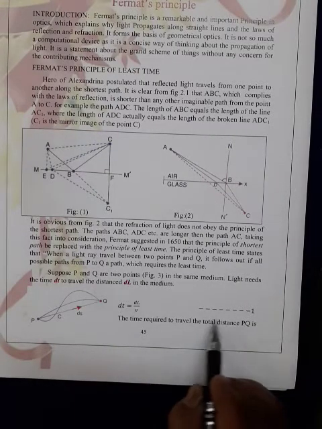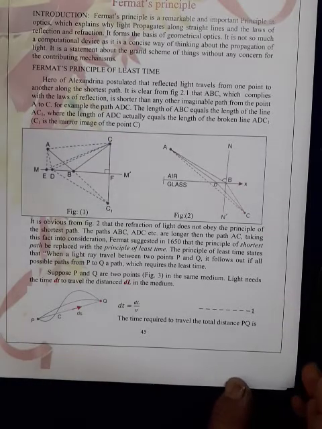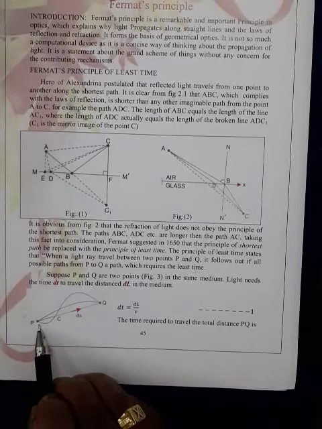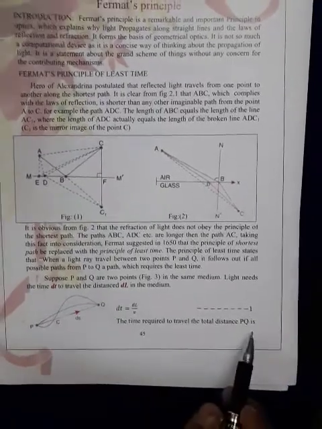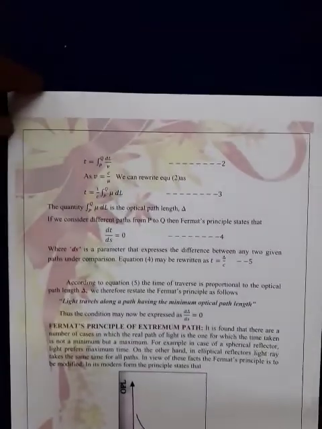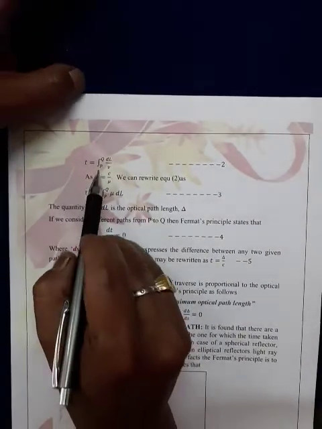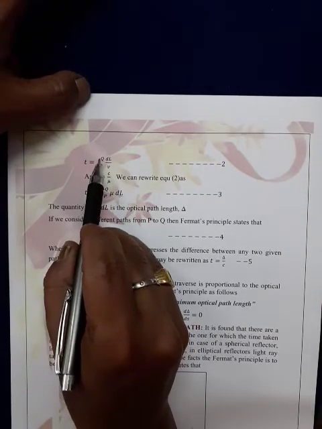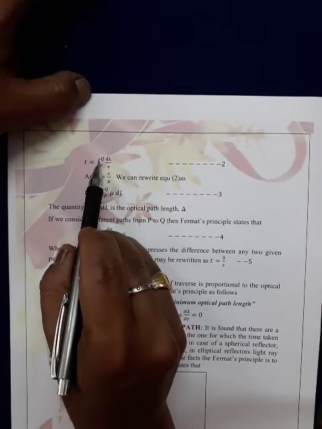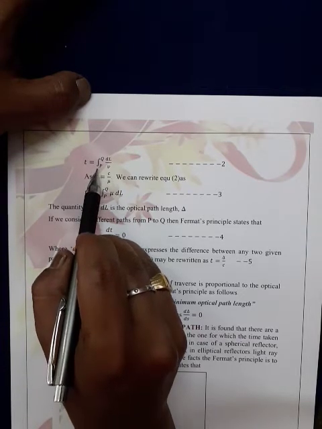Let us take this one as equation number 1. The time required to travel the total distance from P to Q is t equal to, taking all the possible paths from P to Q, which requires the least time.